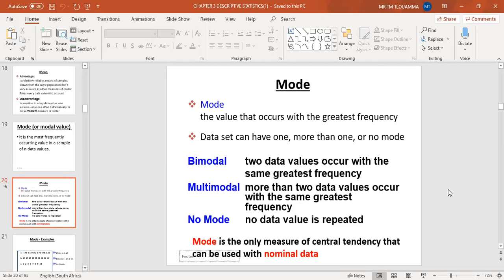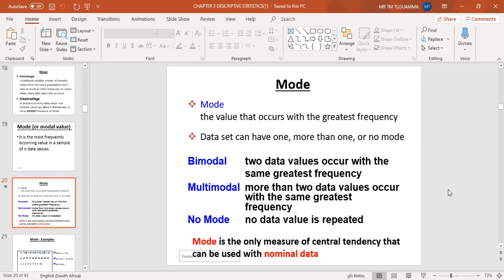But with our ungrouped data, we just look at the number which appears the most in our data set. Maybe we're having 3 and 3, but the rest are not repeated. So 3 will be our mode since it appears most frequently.